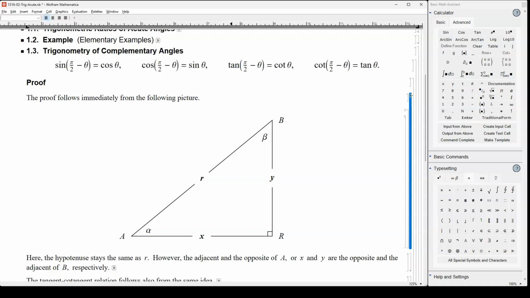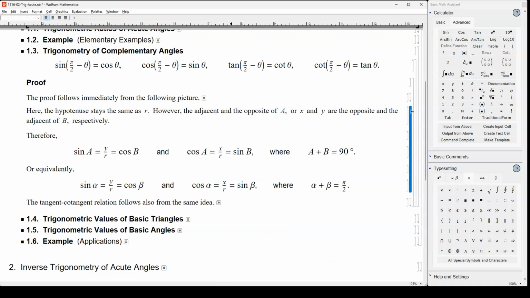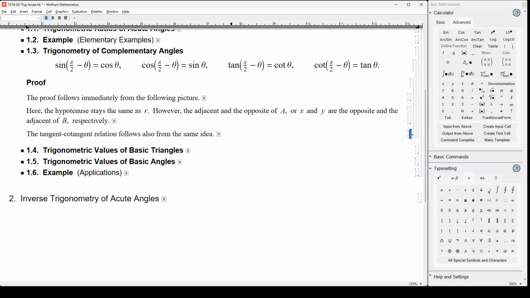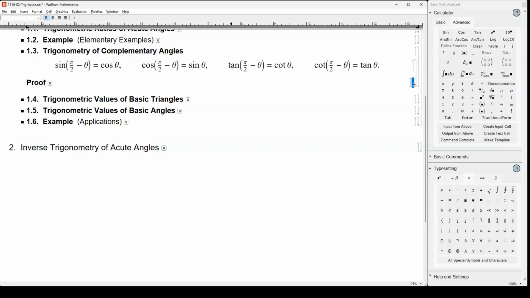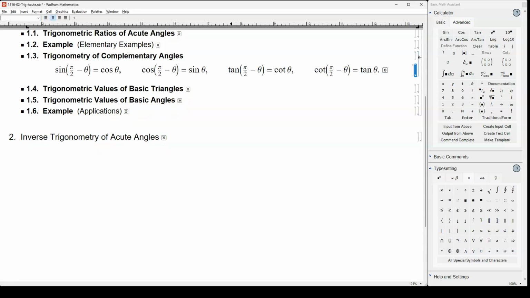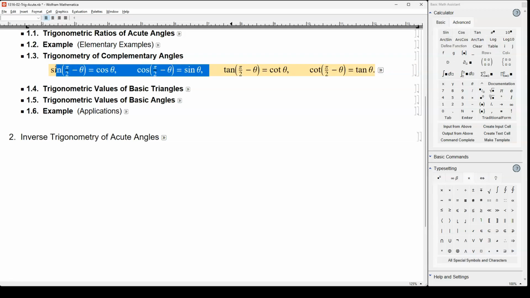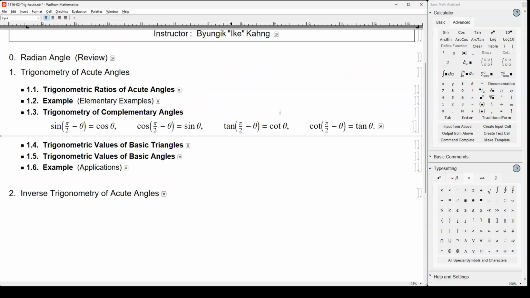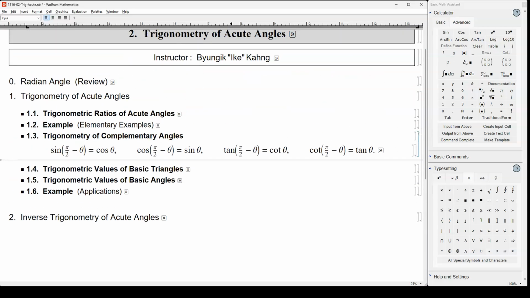And alpha plus beta add up to pi over 2. So sine and cosine, tangent and cotangent, and also secant and cosecant flip-flop. Alright, maybe not these two, but for sine and cosine flip-flopping, I know for a fact that you already went through this in high school geometry.